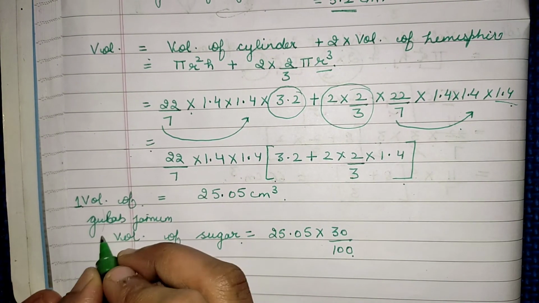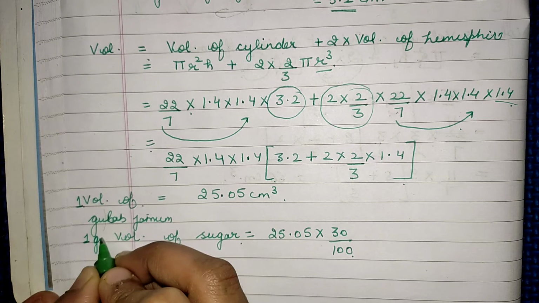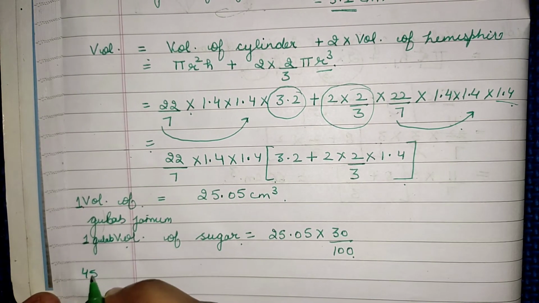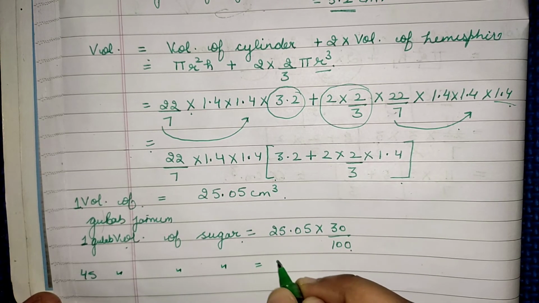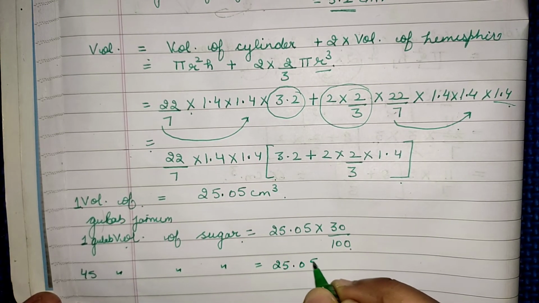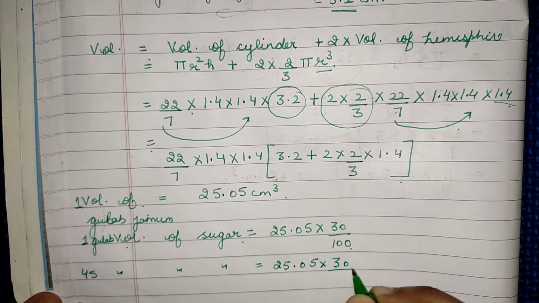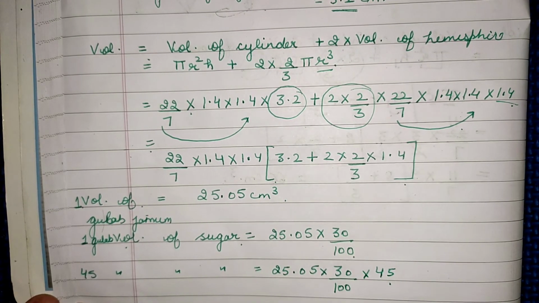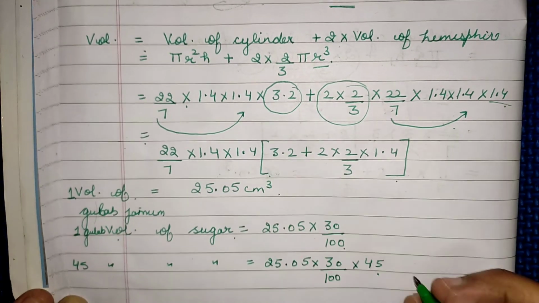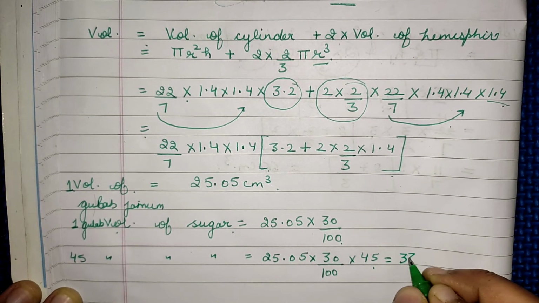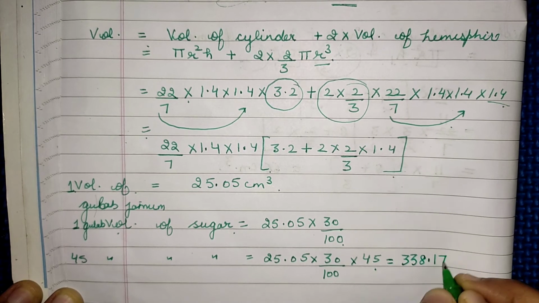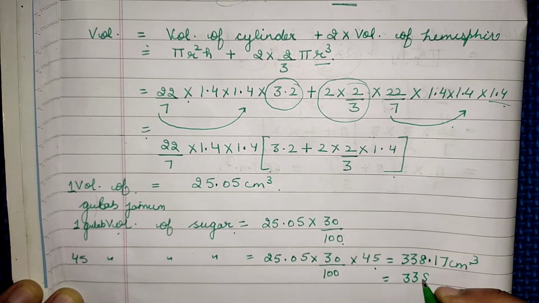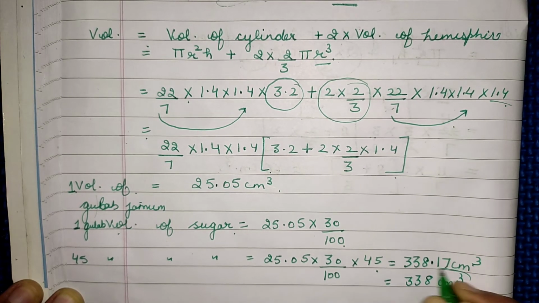If for 1 gulab jamun the volume of sugar is this much, then for 45 gulab jamun the volume of sugar will be 25.05 into 30 by 100 into 45. Once you solve this value, you will get your answer: 338.17 centimeter cube, which is equal to 338 centimeter cube.